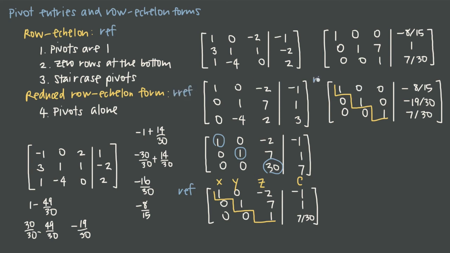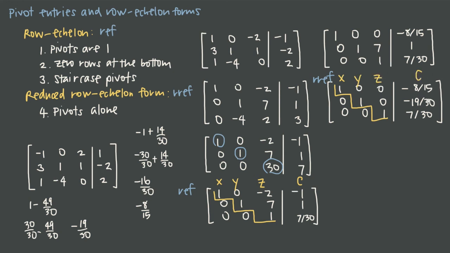So this is our reduced row echelon form matrix, and the reason that it's helpful to get the matrix all the way to reduced row echelon form is because now it's really, really quick to pull out the solution to the system. Remember that these columns represent x, y, and z variables, and then the constants over here on the right side.